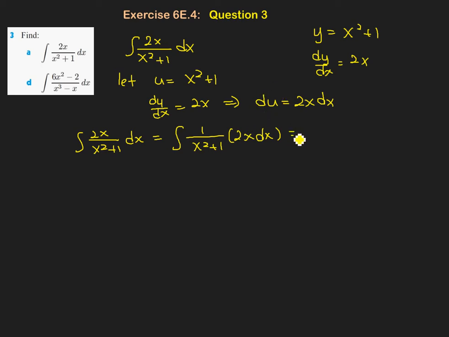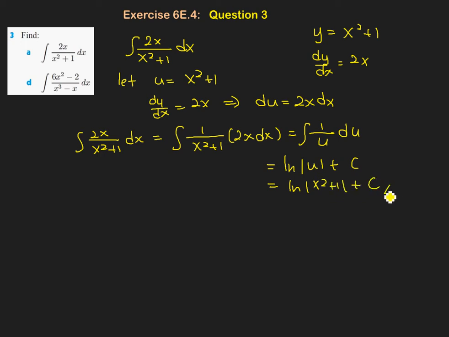So if you perform the substitution right now, you have 1 divided by u, and this 2x dx is in fact du. And this complex looking integral would now become something simple looking. And we know if we integrate this, it is ln u plus c, and of course do not forget u is x squared plus 1, right?